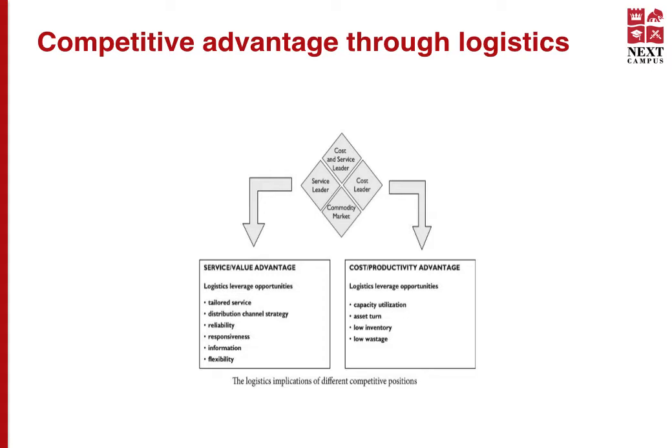If they would like to follow cost leadership, then they should leverage on capacity utilization, asset turn, low inventory, and low wastage. However, no organization can operate at either of these extremes. They generally have to follow a middle path to be efficient.